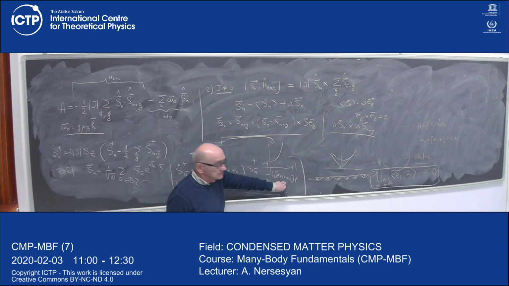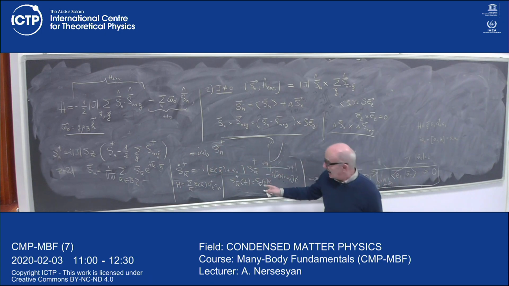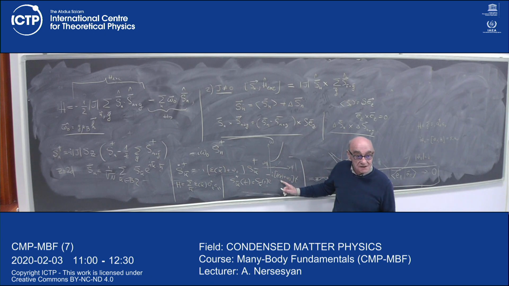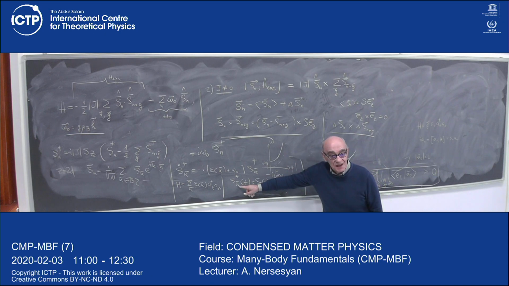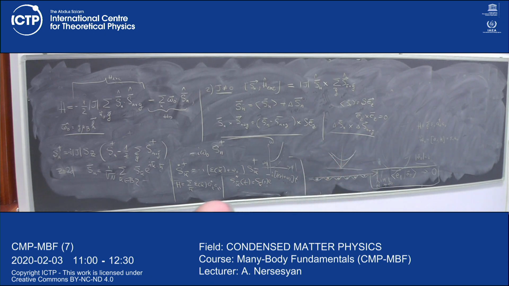The same structure survives with the exchange interaction in the lowest order, but with a very, very important difference. Now the frequency of rotation becomes a function of k. And therefore, the rotation is no longer uniform. Different k's have different frequencies. So some spin components with a fixed k rotate fast, some of them rotate slowly, because the frequency is dependent on k.